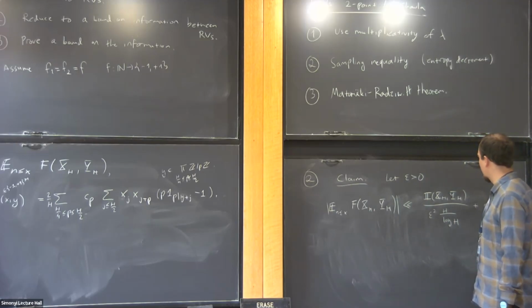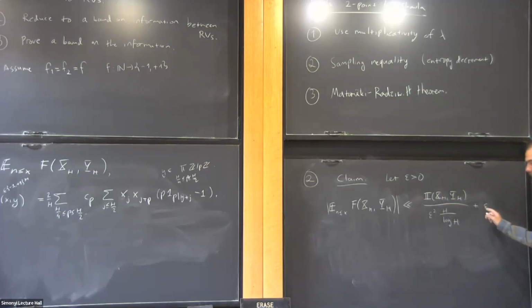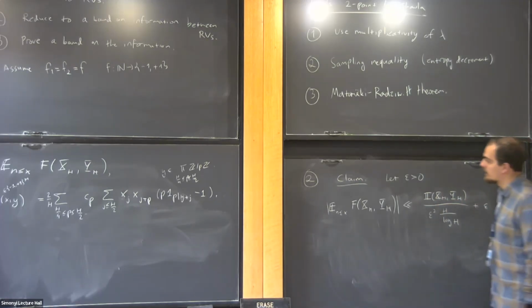So if this information was small, then this will be bounded by epsilon, and that's what we want.